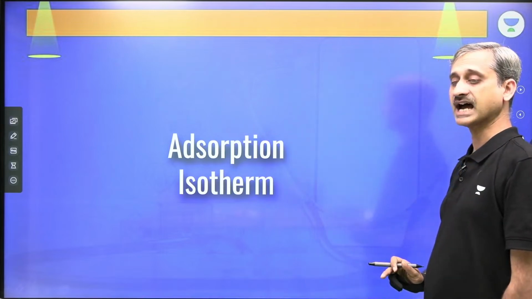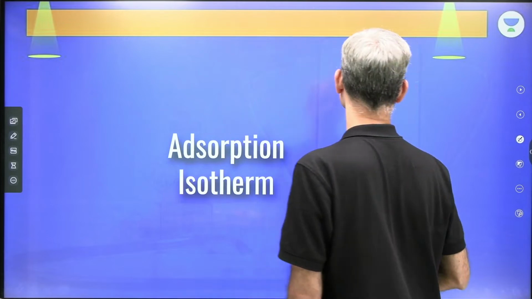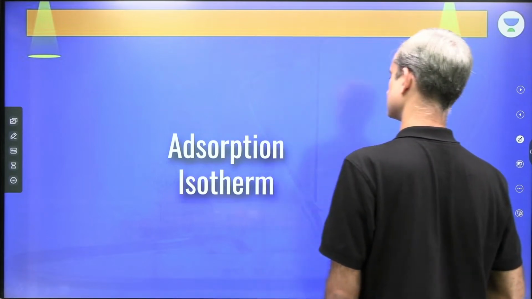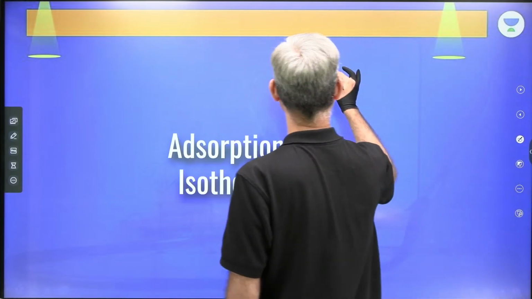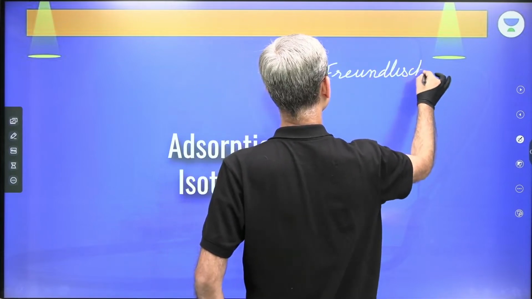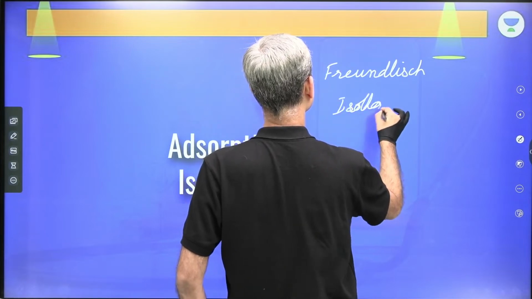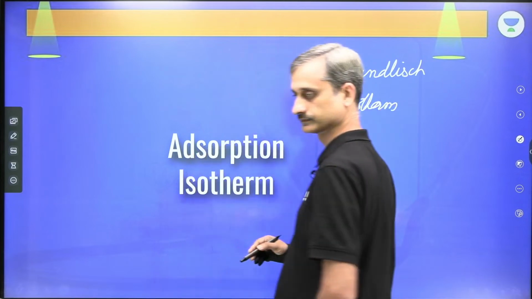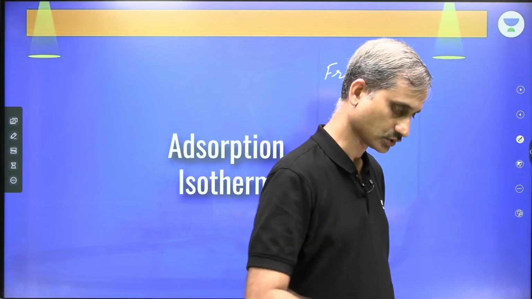Now let's get along with the adsorption isotherm. Now this is what we have as the Freundlich adsorption isotherm.